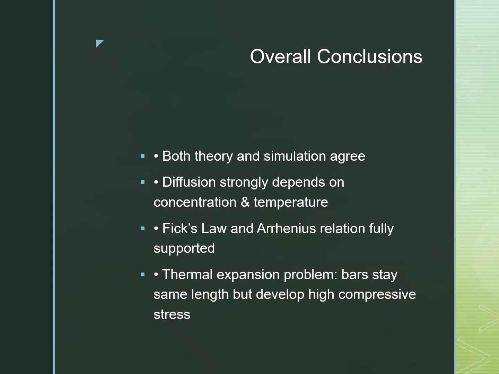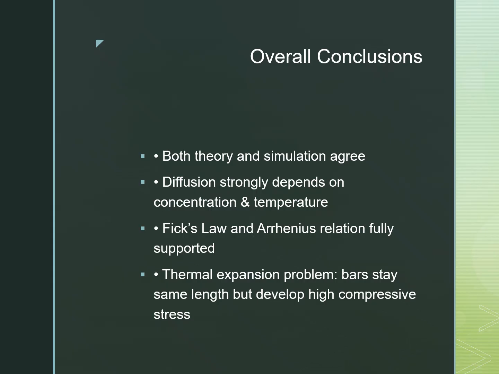To wrap everything up, the thermal expansion problem showed that when materials are prevented from expanding, they develop internal compressive stress. The iron bar reached about 240 megapascals, and the aluminum bar reached about 161 megapascals.